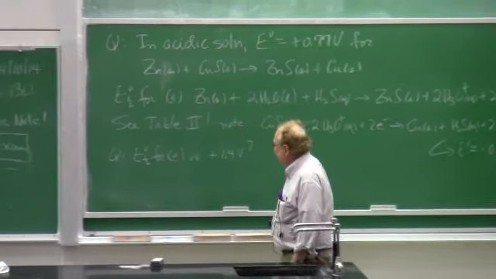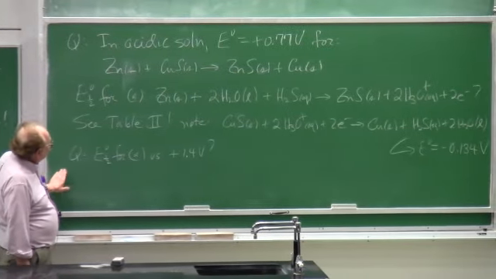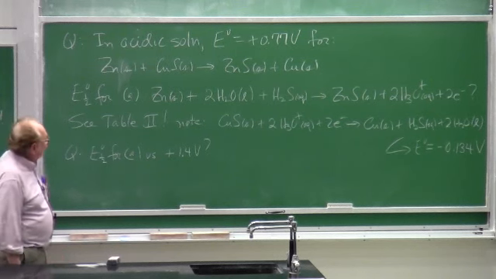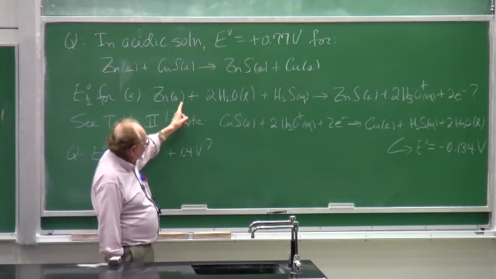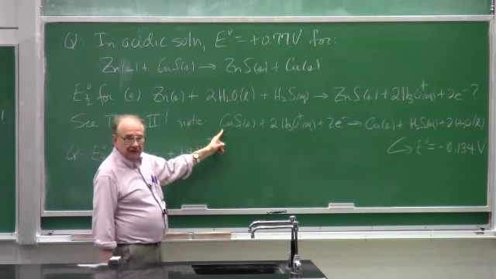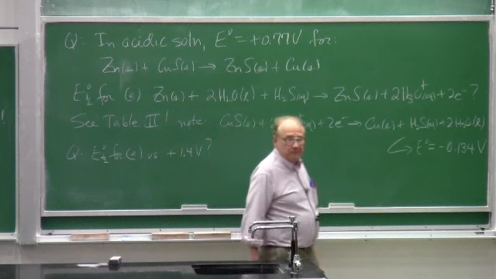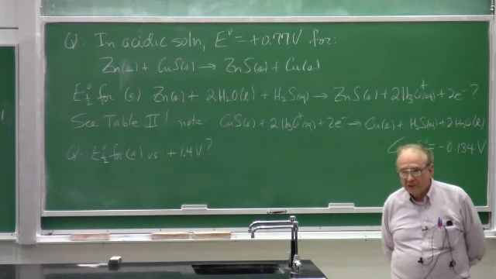All right. So then, all we're asking you to realize is that by coupling this half reaction as written with this half reaction as written, what E0 value will I get? It's on the board. What will I get?